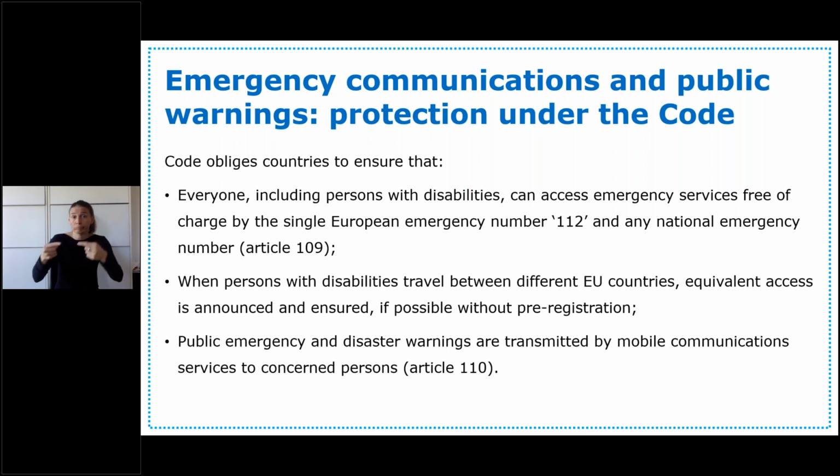Countries must also ensure that public warnings on emergencies and disasters are transmitted by providers of mobile communication services to the concerned persons, and this is a separate article, which is number 110. And in addition, countries may decide to transmit public warnings through other services, for example, through mobile apps that rely on internet service.